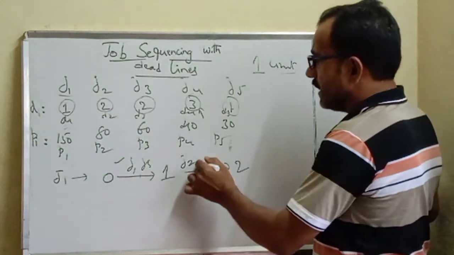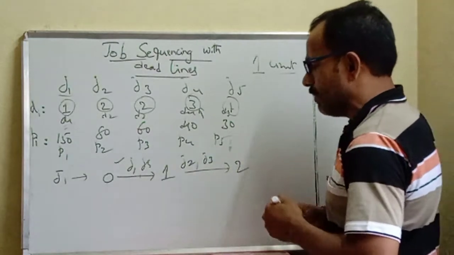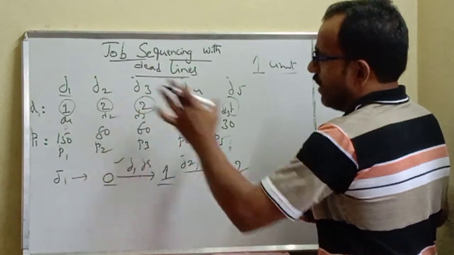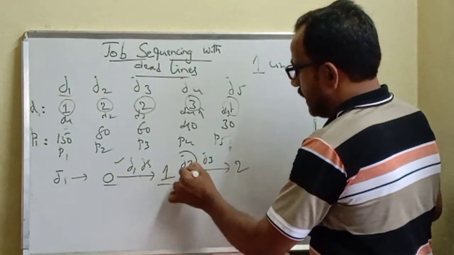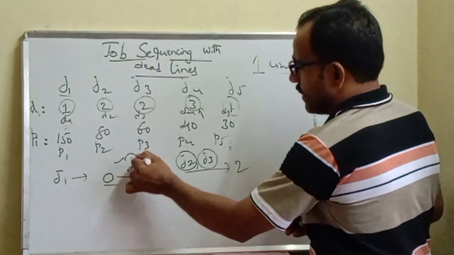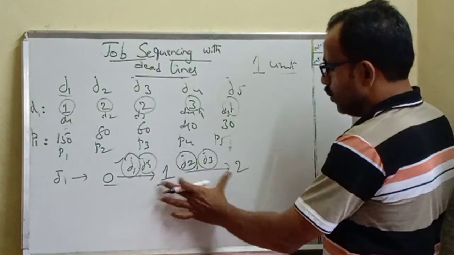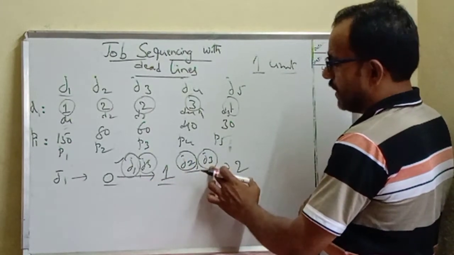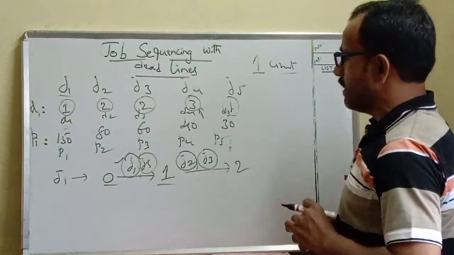Then there is a possibility of executing J2 and J3, but only one job. The processor can execute either J2 or J3. Here also, the processor can execute either J1 or J5. But within the two hours deadline, J2 and J3 must be executed. Within the 1 hour deadline, J1 or J5 must be executed.